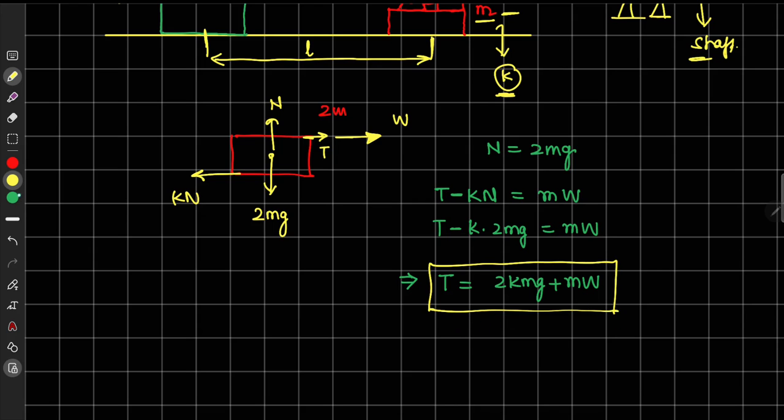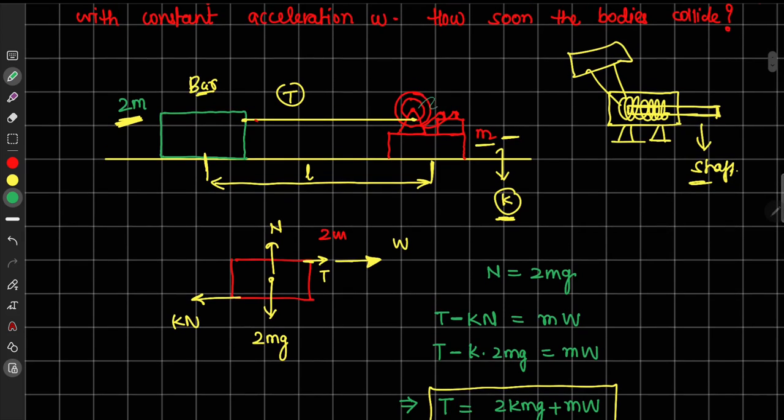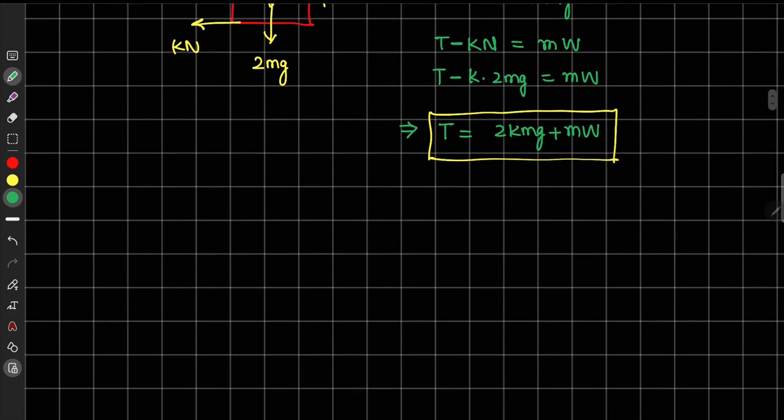Now let us draw the free body diagram of this other mass. This is mass m, and it is moving in this direction with acceleration, let us say w1. We have the gravitational force in the downward direction, that is mg, and the normal force from the surface in the upward direction, let us say N1.